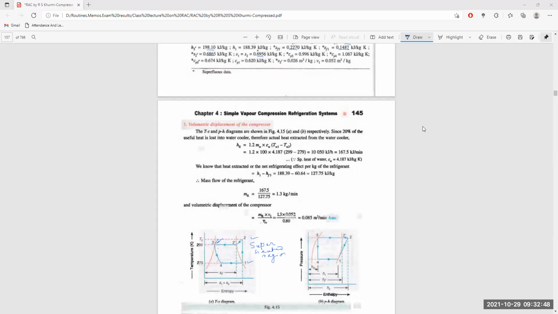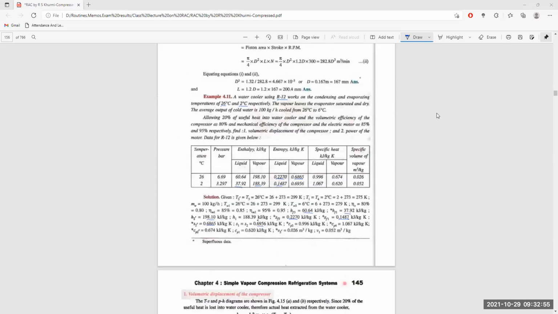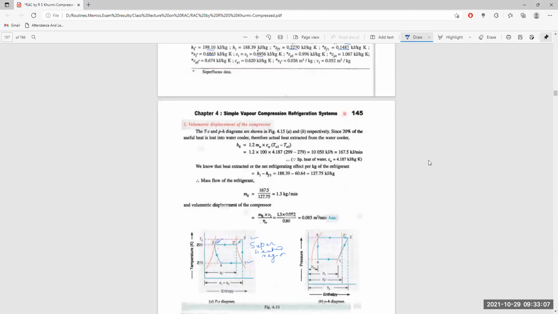Since 20% of the useful heat is lost, to calculate the heat extracted from the water we have to multiply the heat by a factor of 120%, or 1.2.